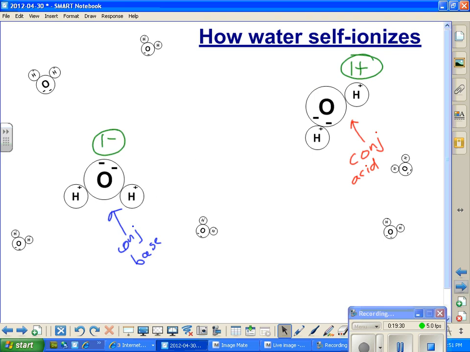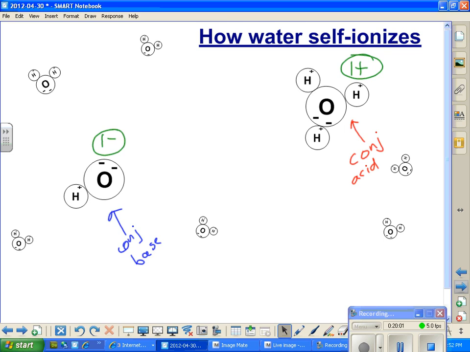We know that because we saw it move. But let's say what you're looking at on the screen is the left side of the equation. Now we look on the right side, and if you didn't see me move that hydrogen, you could still tell that the water on the left is now minus, and the water on the right is plus.